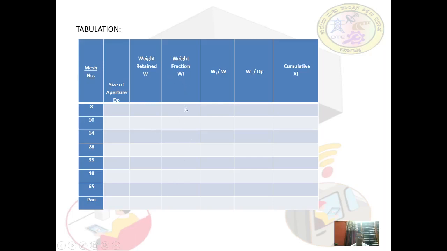Find the weight fraction of each. The weight of the material retained on the 8 mesh screen divided by total weight gives you the weight fraction.